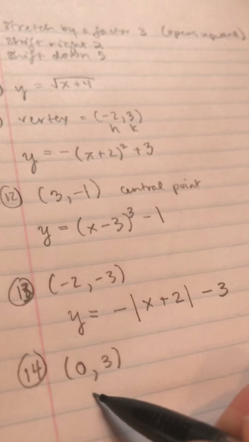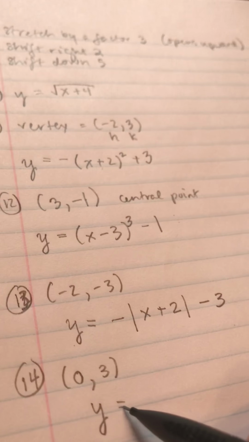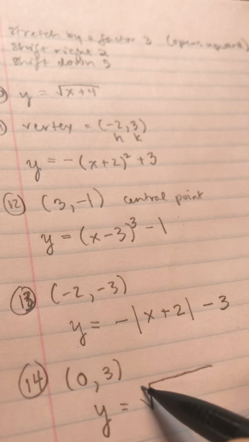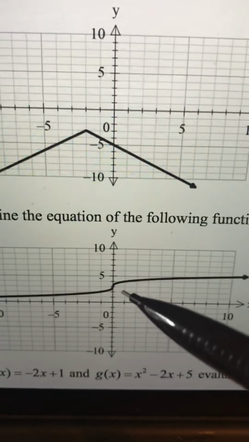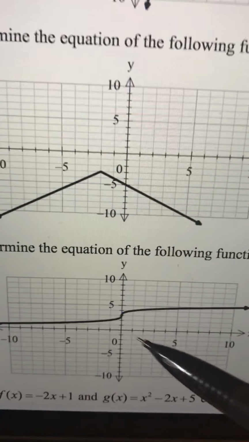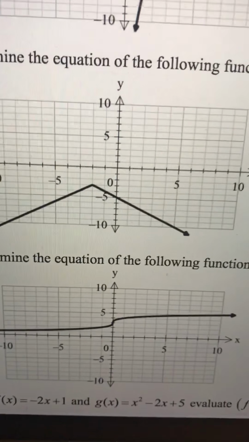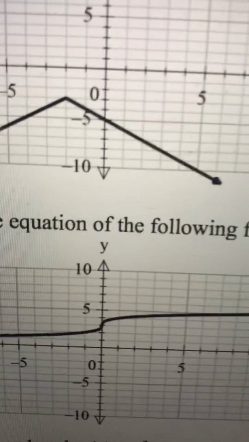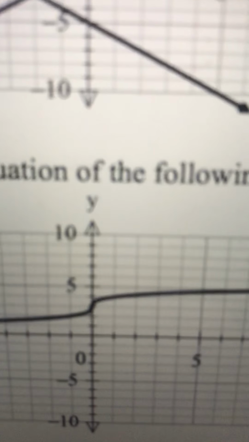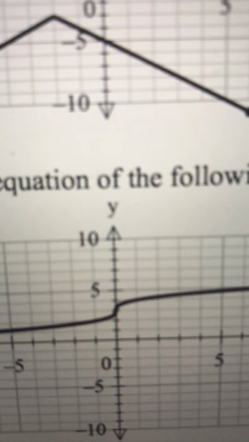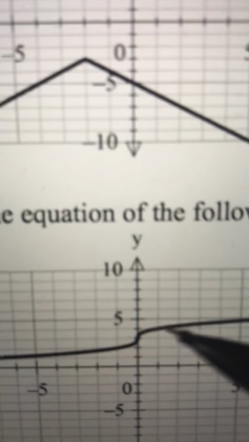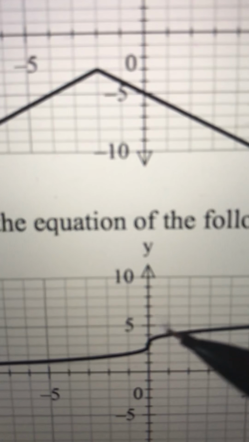So this one is y equals cube root, and it is a positive because it goes up to the right and down to the left. And again, there's no stretch because you can see that if you go over 1 from the central point, it's only up 1.